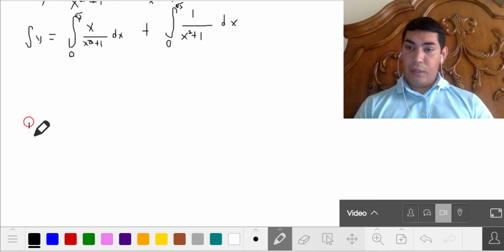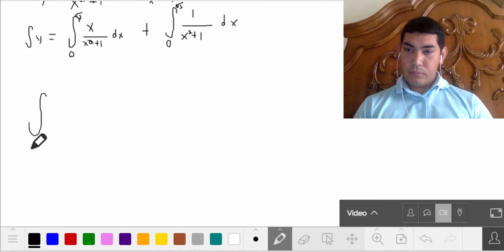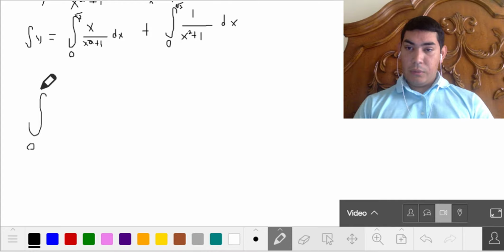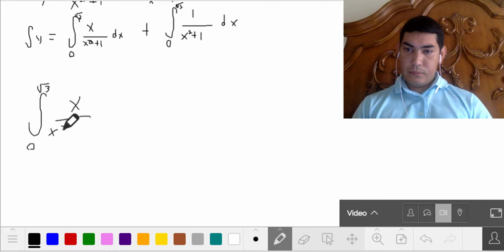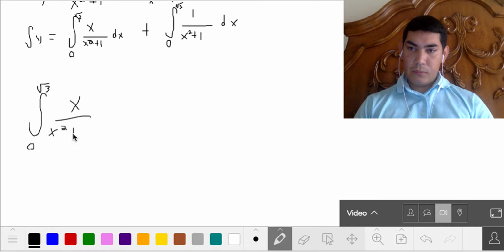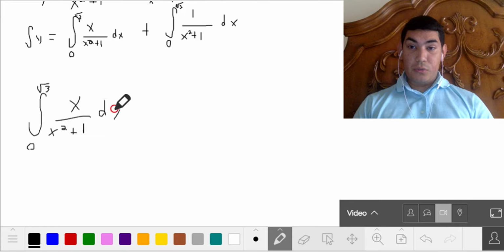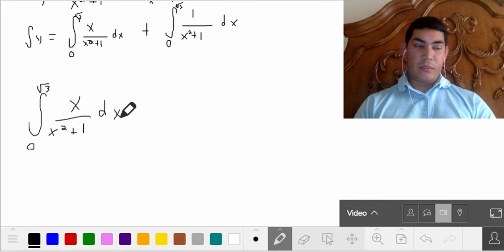So we have the integral between 0 and square root of 3 of x divided by x squared plus 1 dx. As I mentioned, we're going to use the substitution rule.